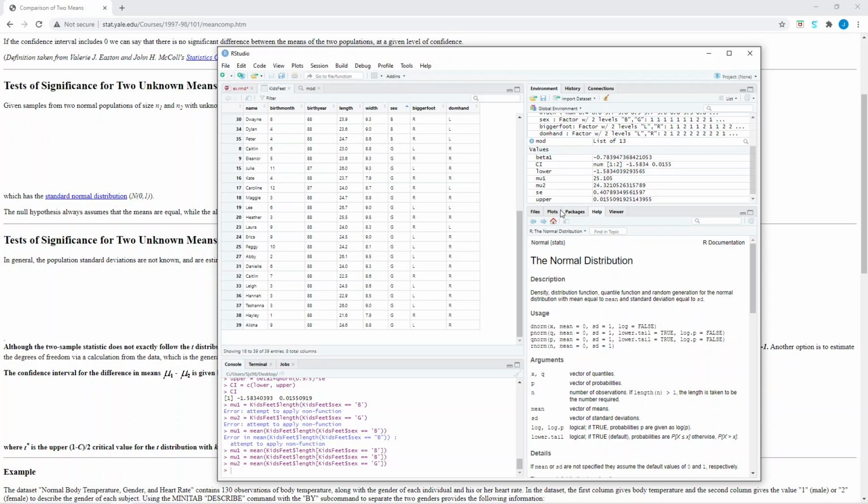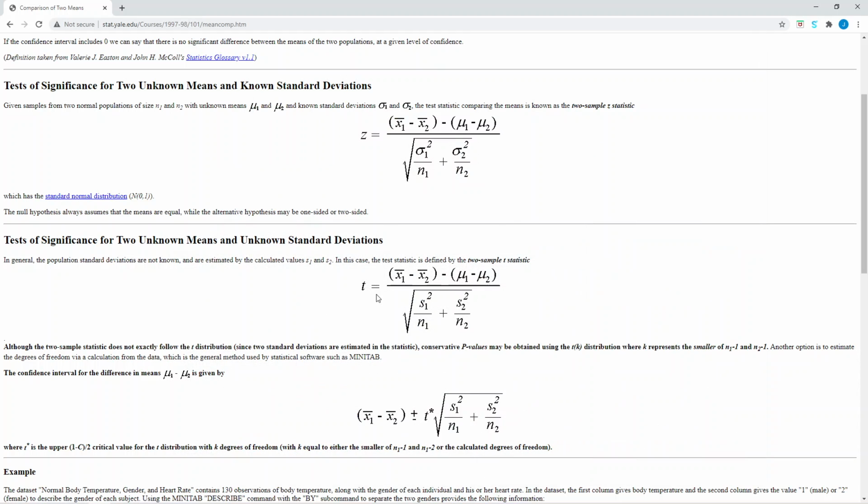So in this case we can simply assume normality.